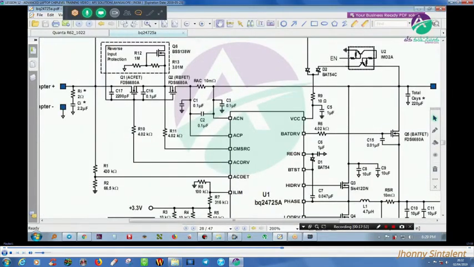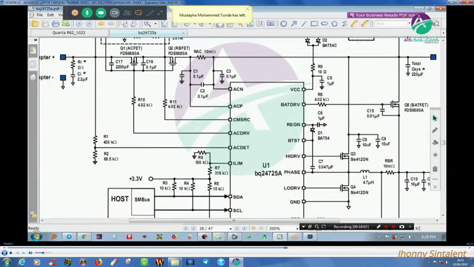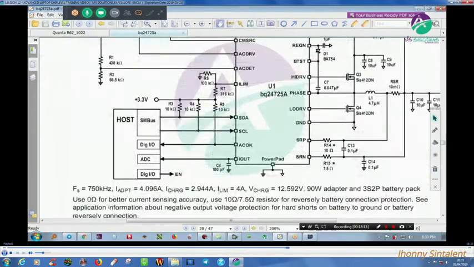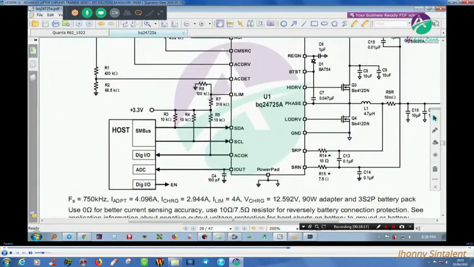So first is my AC in. AC in, it is coming from the CLR plus capacitor. Second, I have to check for the voltage divider. Voltage divider is AC detect. Correct? Third, if AC detect is okay, this will release AC drive, first MOSFET switching. And for the SM bus it is releasing AC okay.